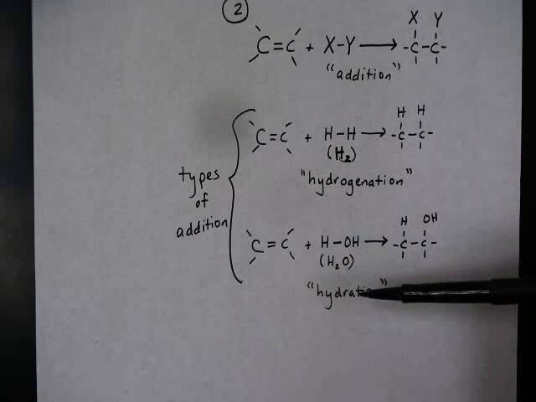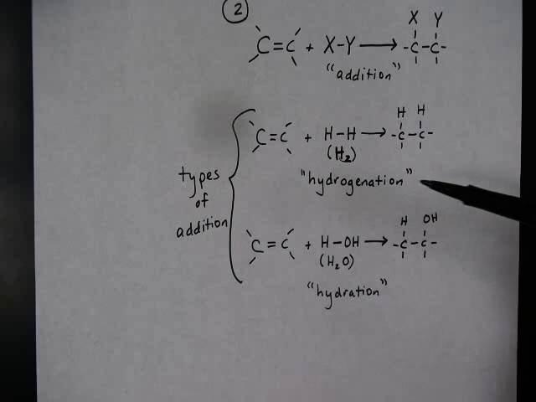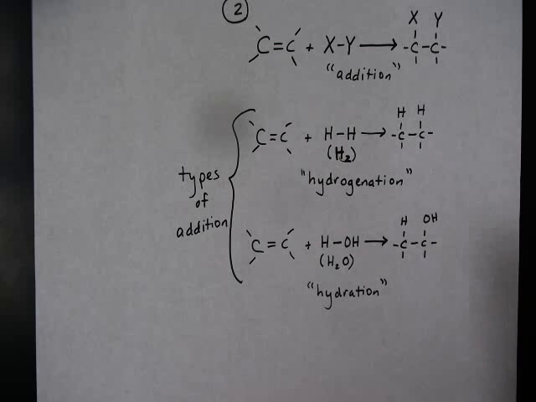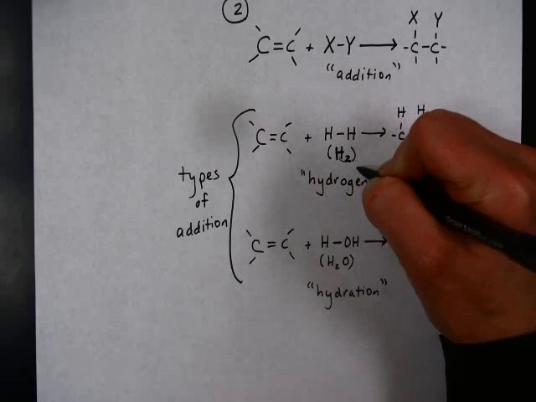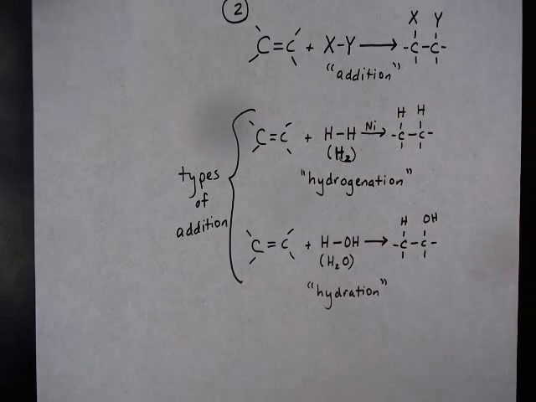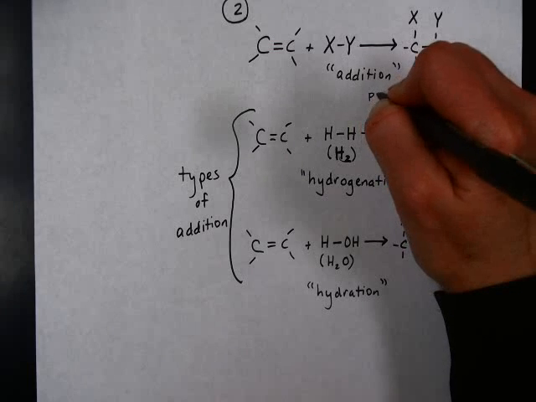I just mentioned a moment ago that both of these reactions happen in your body all the time. The catalysts in your body are enzymes. We'll talk about those later on. If we do these same exact reactions in the lab, we use a lab catalyst. The lab catalyst is usually, for this reaction, a metal, like nickel. Or it might be platinum.